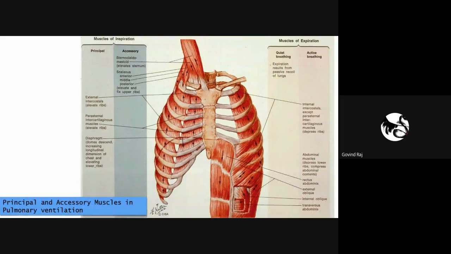These are the major muscles and accessory muscles that help in the respiratory procedure, that is inspiration and expiration. The principal muscles of inspiration include the external intercostals, which elevate the ribs.